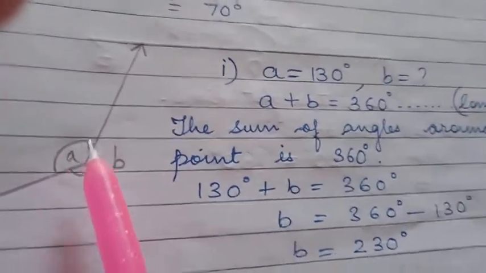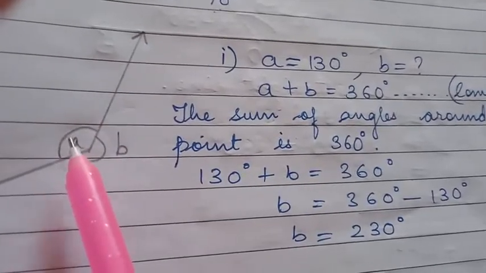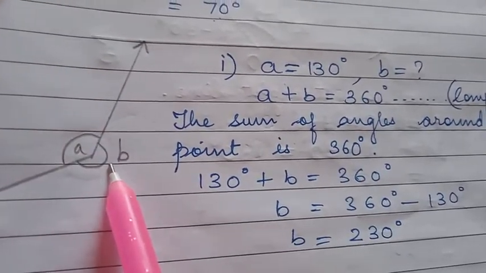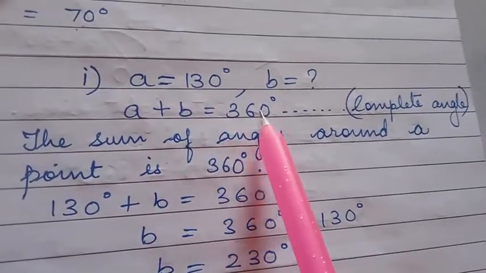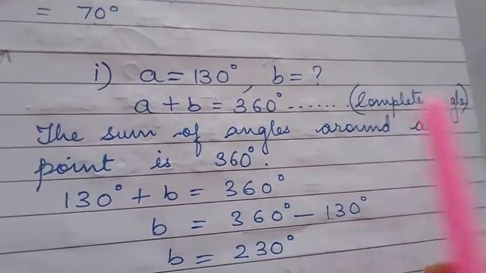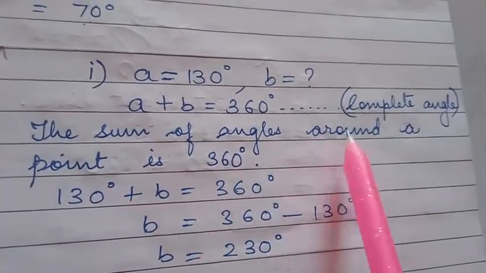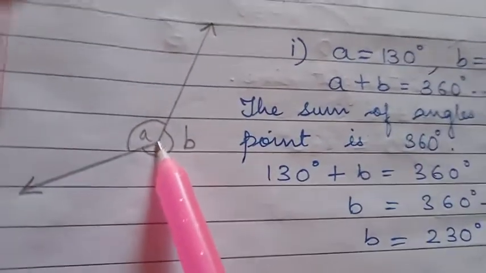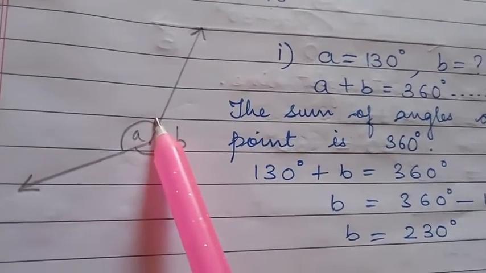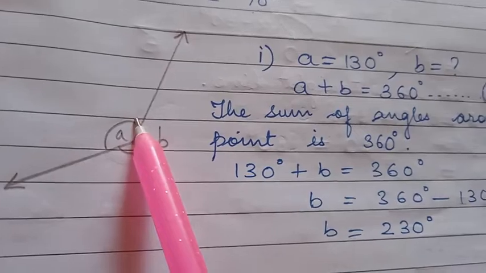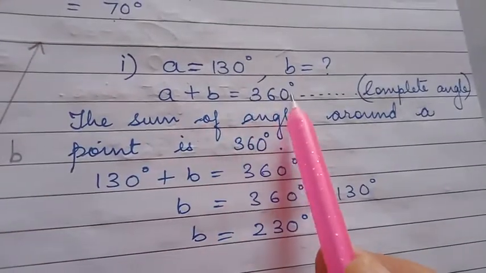So we will use that concept here. Angle A plus angle B is equal to 360 degree, complete angle. Also, the sum of angles around a point is 360 degree. This we have learnt: this is the point, and around the point whatever angles are there, their sum will be 360 degree. Okay. So A plus B is equal to 360 degree.